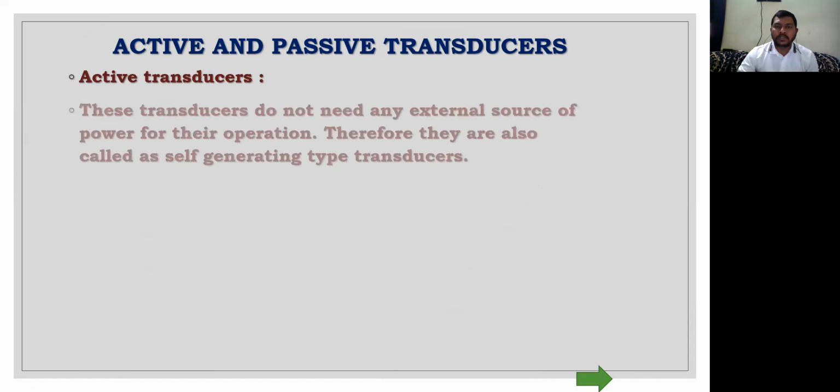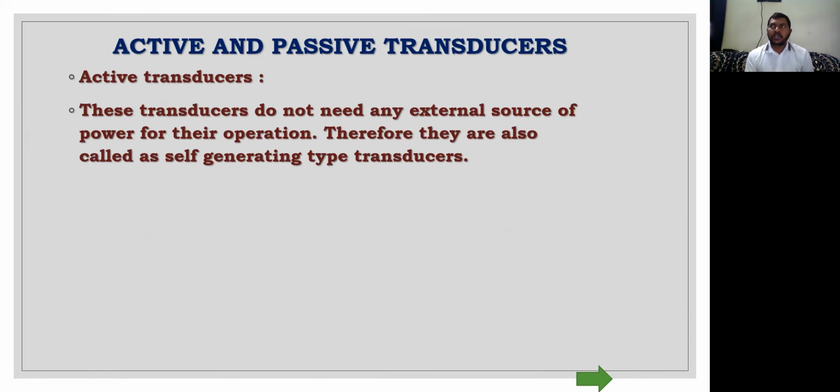So active transducers are those transducers which do not require an external source of power for their operation. I hope you are getting what I'm trying to tell you. These transducers do not need an external power supply or external energy source for their operation. Means they are going to generate their own power, right?